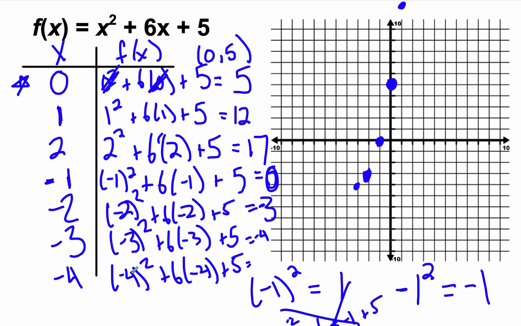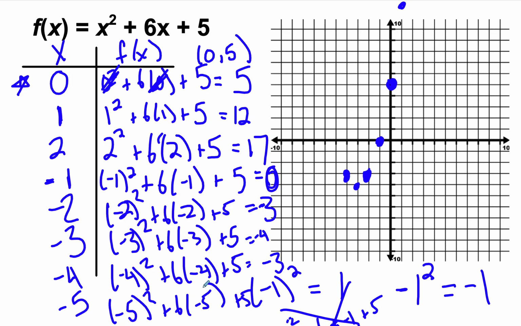Okay, so this is 16 minus 24, that's negative 8, just like how this was negative 8, plus 5 is negative 3. So we start to see a repeat here. See what happens. What do you think is going to happen when I plug in negative 5? Which one of these other numbers is going to have the same y as negative 5? What do you think? Okay, let's see if you were right. So I'm going to plug in negative 5, so it's negative 5 squared plus 6 times negative 5 plus 5.